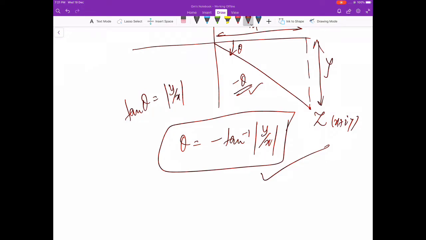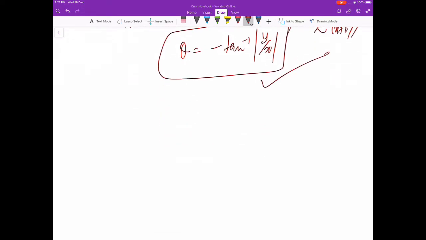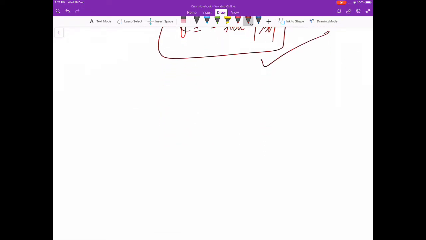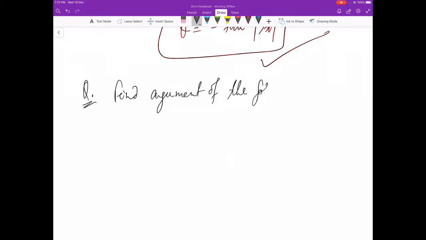Now let us take an example to see if we have got the concept or not. Suppose we have a question: find the argument of the following complex numbers.